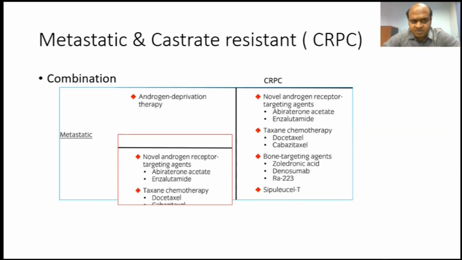And when the patient becomes castrate resistant, these novel agents are being used, like abiraterone acetate, enzalutamide, or chemotherapeutic agents. So with availability of these agents, the quality of life and survival has improved to some extent.